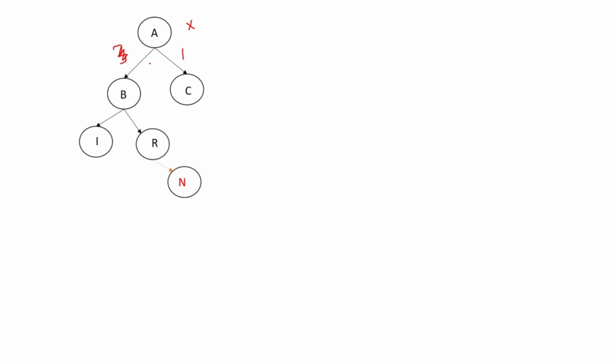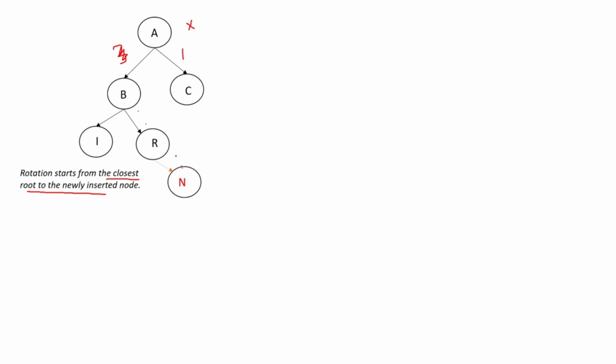Now how do we perform rotation? Do we start rotating at this point? No. We will always start rotating from the closest root to the newly inserted node. This is the newly inserted node, so it will be the parent of the newly inserted node.